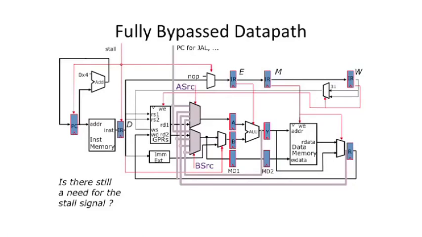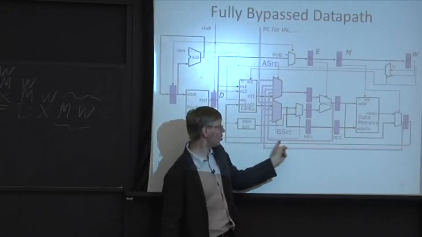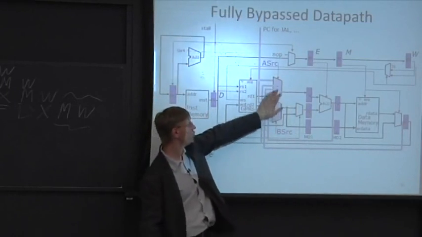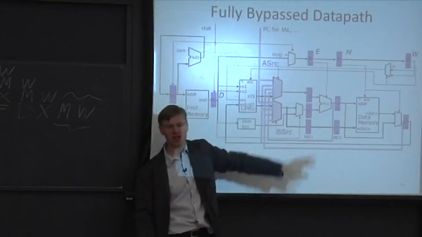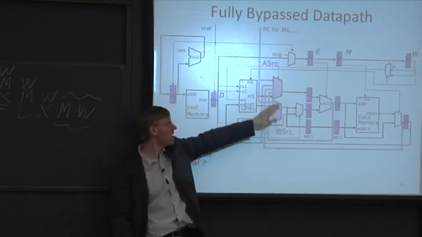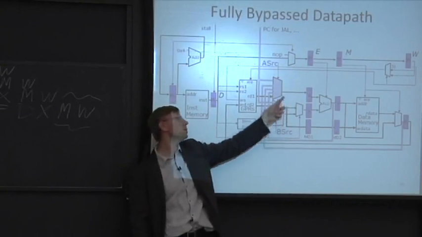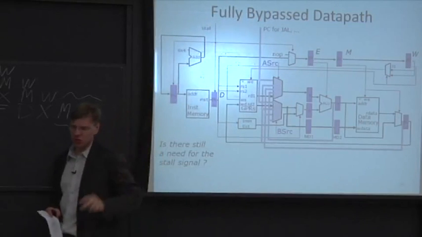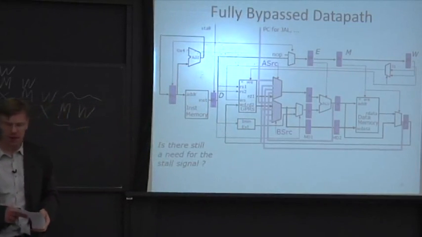OK, so let's take a look at what this looks like with a fully bypassed data path. So our fully bypassed data path, we're going to add all the destination locations. So out of here, we're going to run that back, and we're going to add two big multiplexers here. Because in our first case, we only multiplexed for the first source operand, or the A source operand. But we actually want to multiplex the inputs for A and B, the two source input operands.